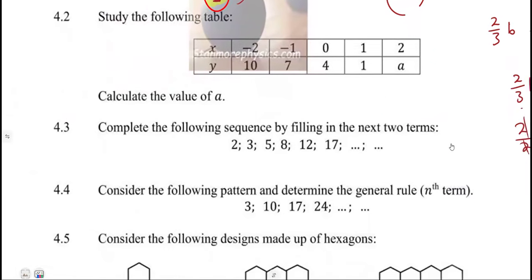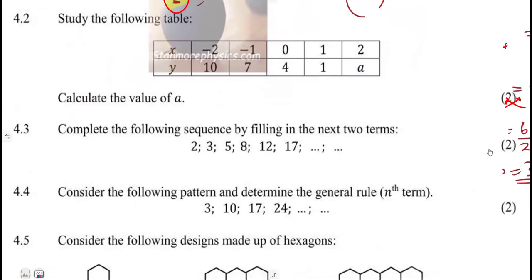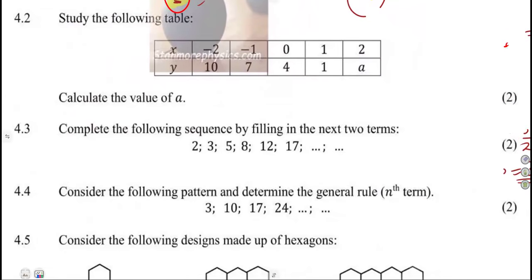All right, 4.2, you are given to study this table, and from that table, calculate the value of a. We can simply study this table and see what is happening in terms of the values. This is -2, -1, 0, 1, just like terms 1, 2, and so on.